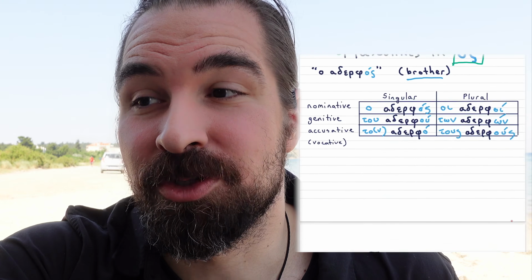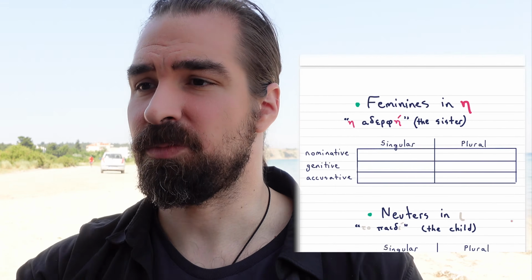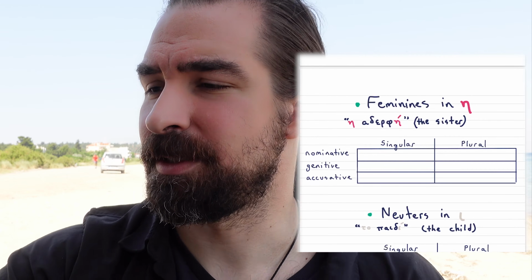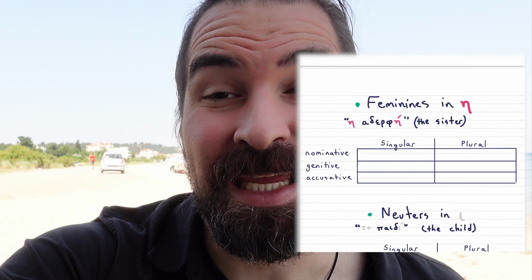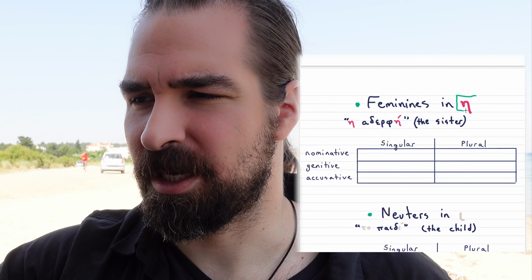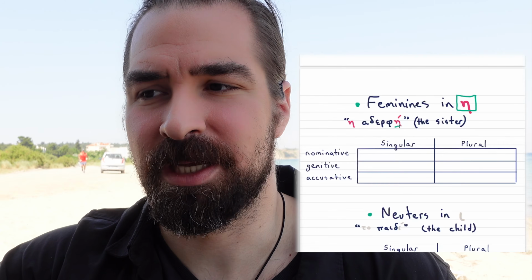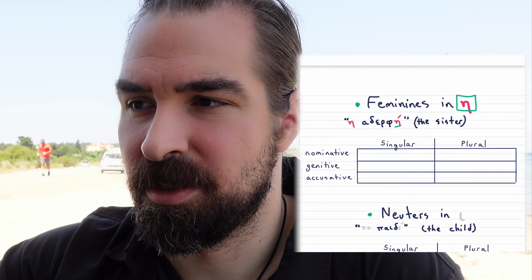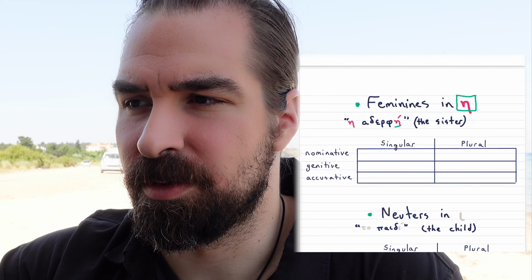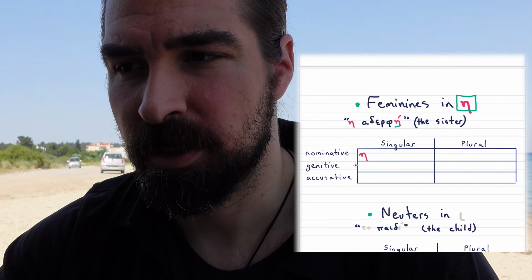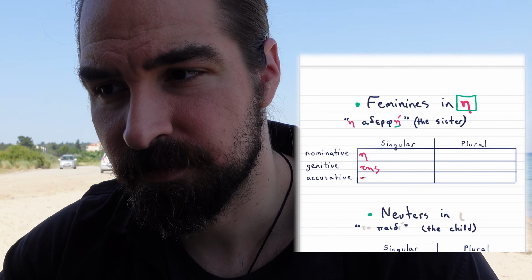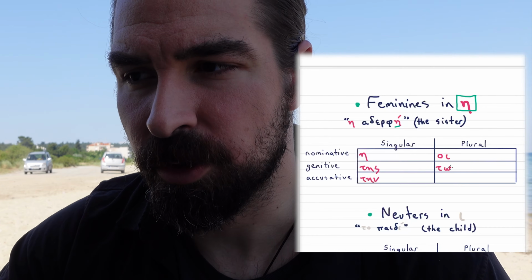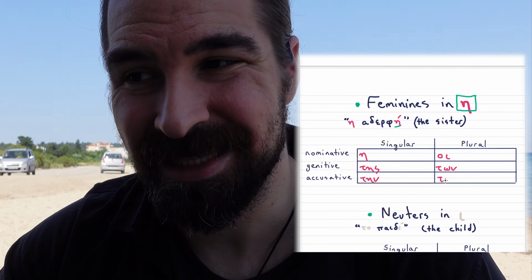Let's look at the most common feminine ending, which is for a feminine word to end in eta. Feminine words ending in eta are very common. One common one is i adelfi, which means sister, the sister. Let's run through the definite article quickly here. I, tis, tin. I, ton, and tis.